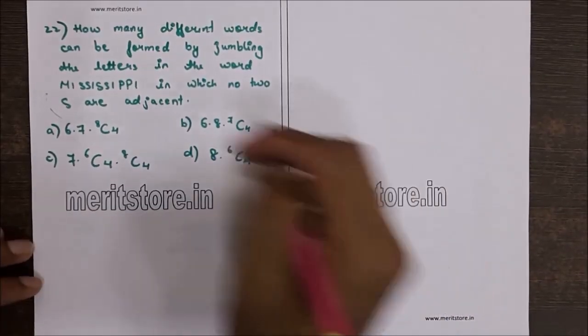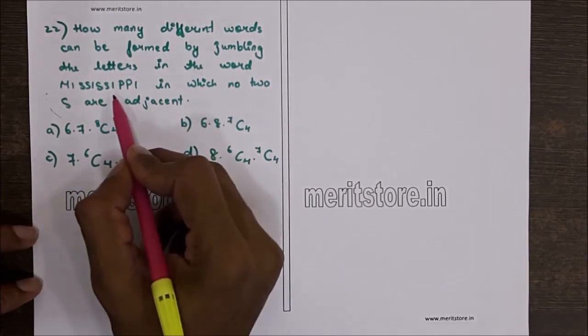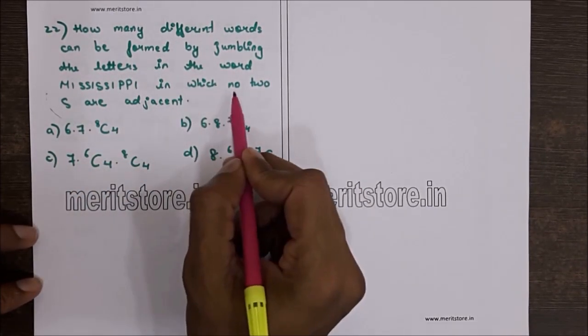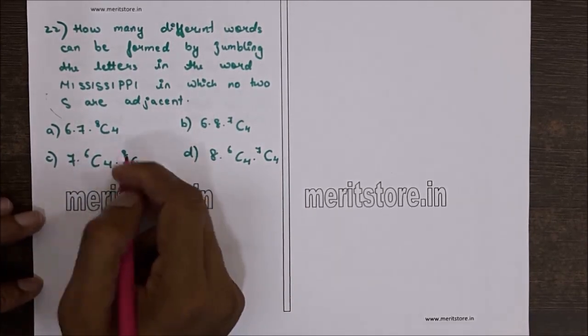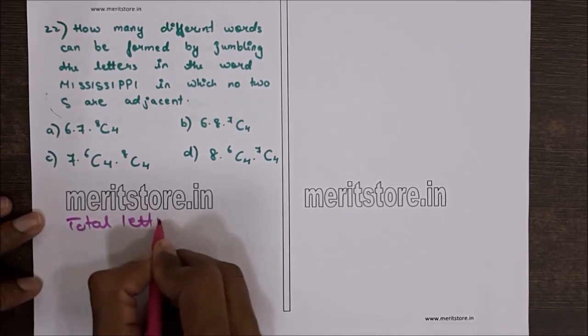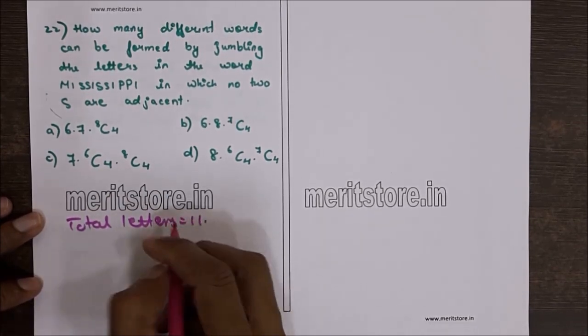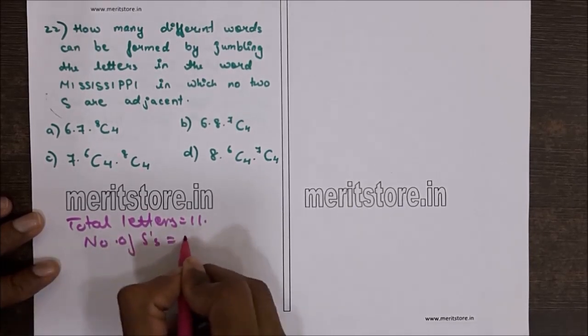Question 22. How many different words can be formed by jumbling the letters in the word Mississippi, in which no two S's are adjacent? We have 4 options given. The total number of letters is equal to 11. The number of S's is equal to 4.